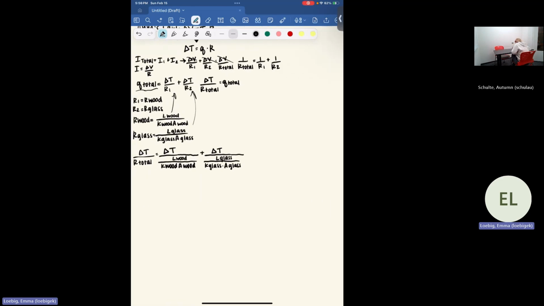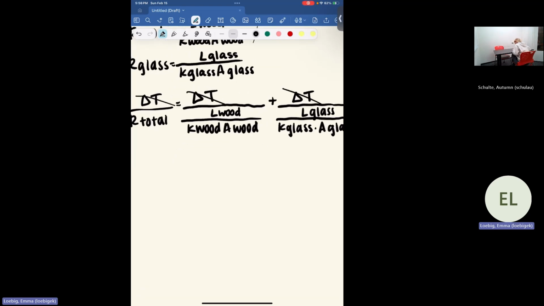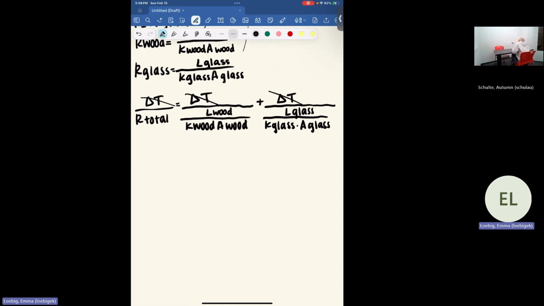Just like we did over here with our change in voltage, we can cancel these changes in temperature.